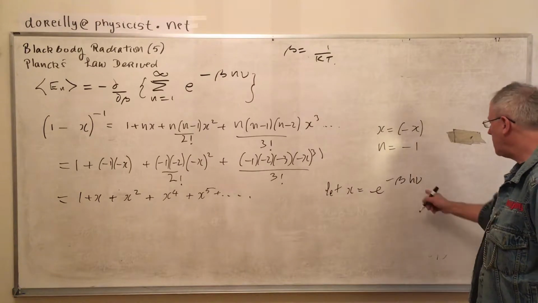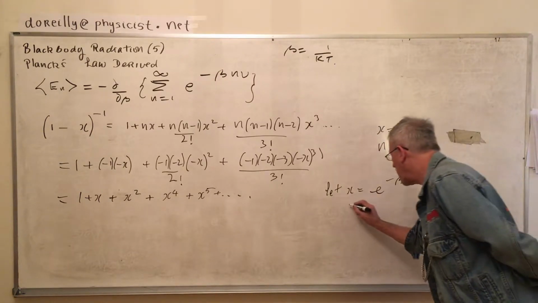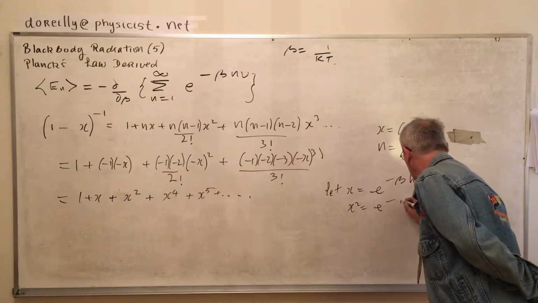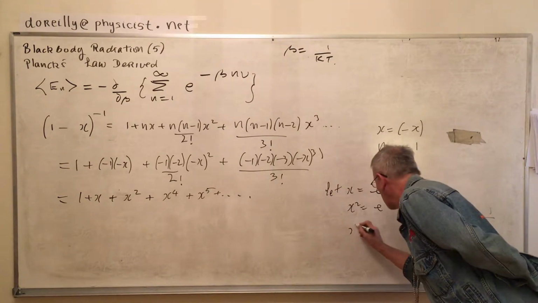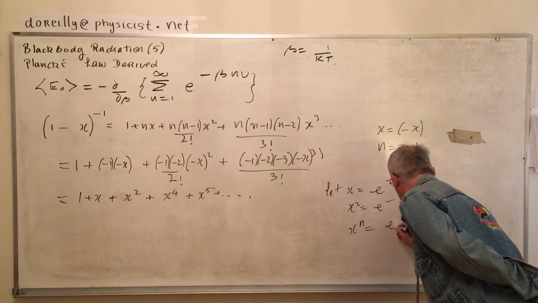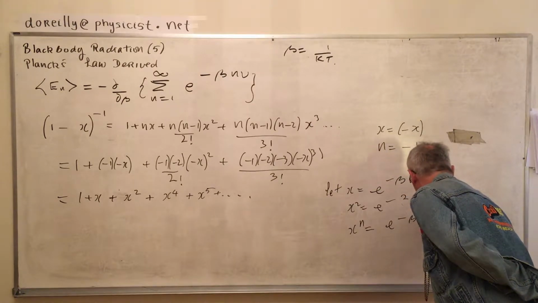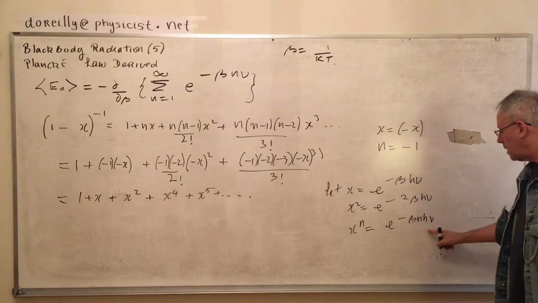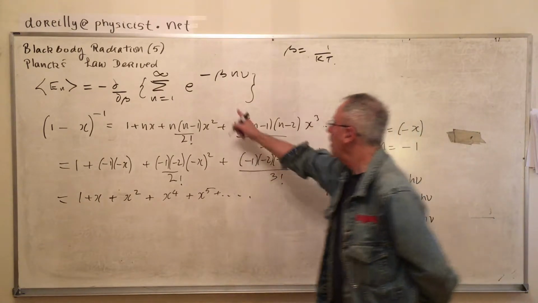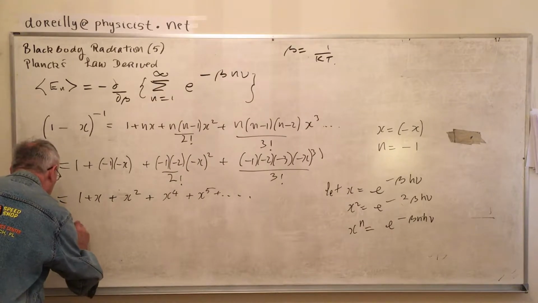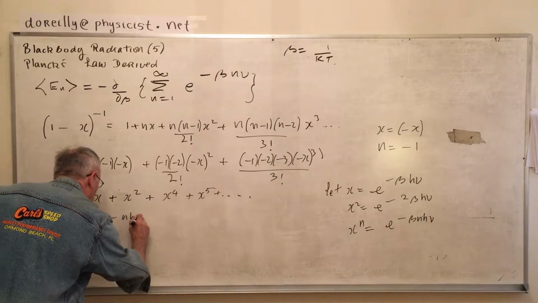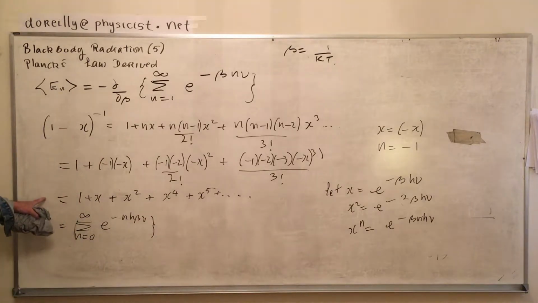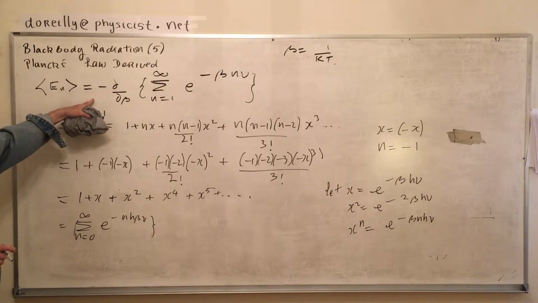So we're going to let x equal e to the minus beta h nu. So x squared is just that, x to the n. So it is that. This is a summation of this thing here. So this expression here is this thing here, right?